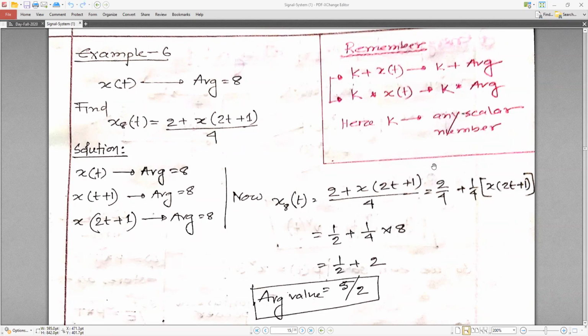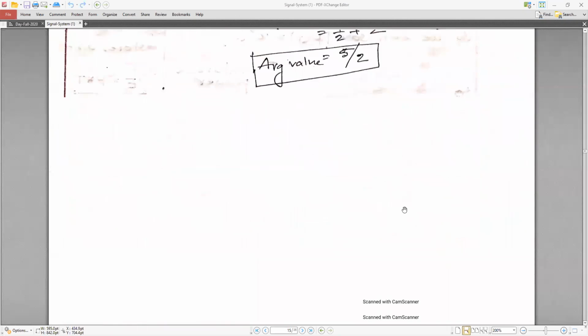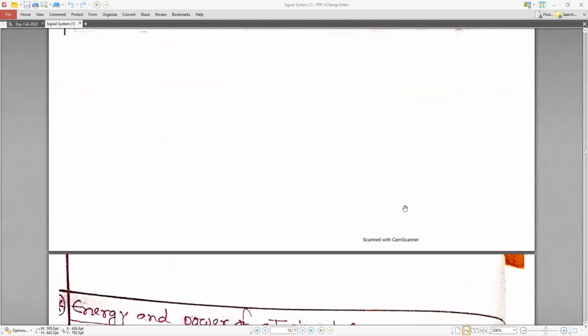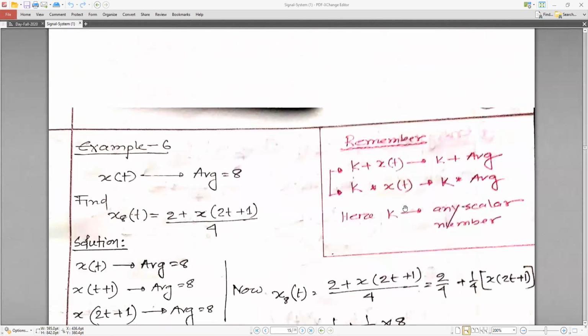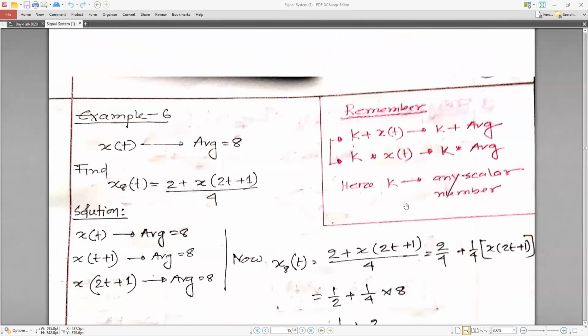Now look at here. Here are some other values like this one. Just put the values, then you will get the values here. So I have given you the sheet, and you need to practice at your home. Okay.